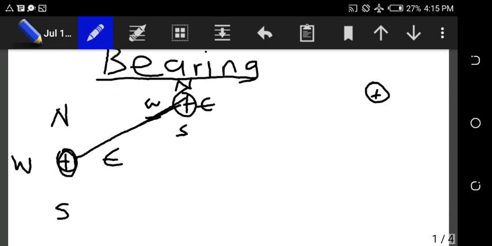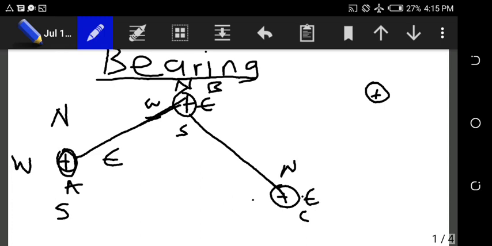So this person moved from this point A to point B. Then from point B, moved down to this point. Let's call here point C. And at that point C, at every point you always have the 4 cardinal points.